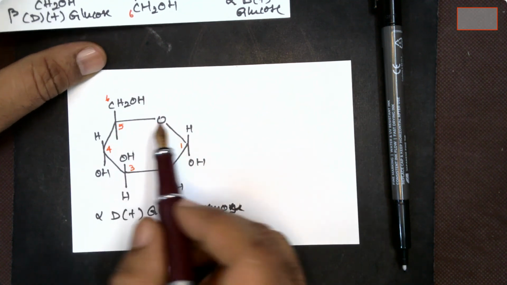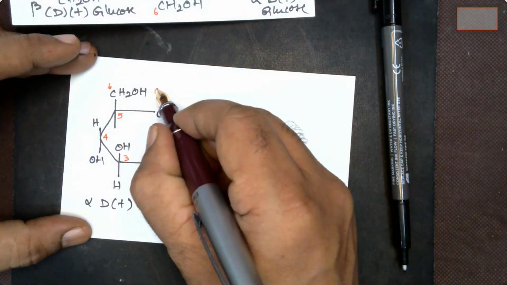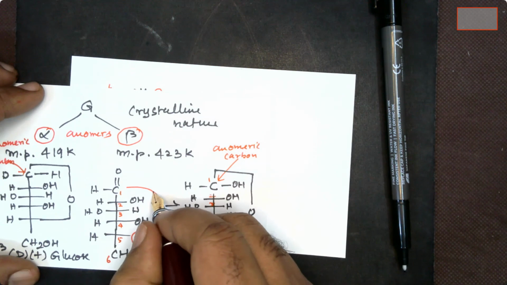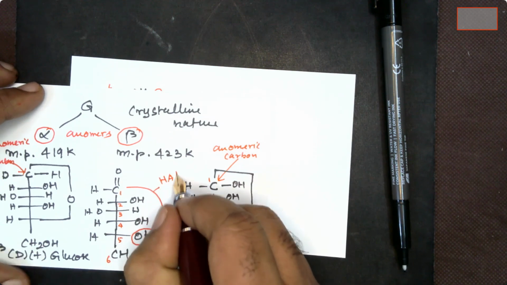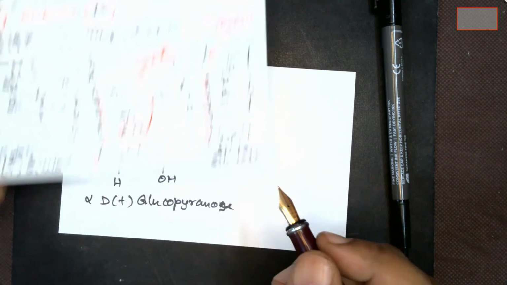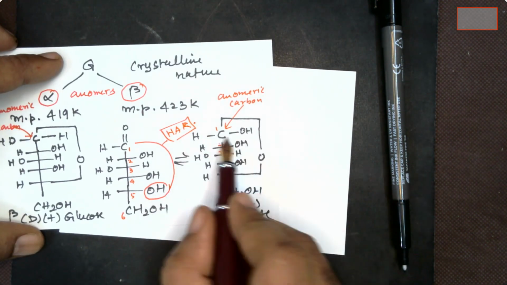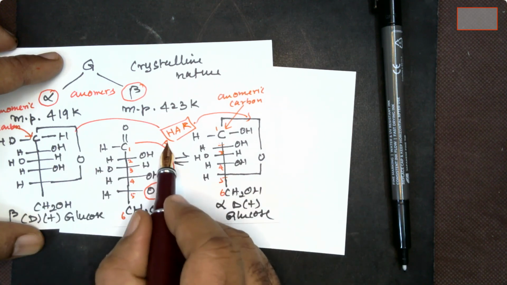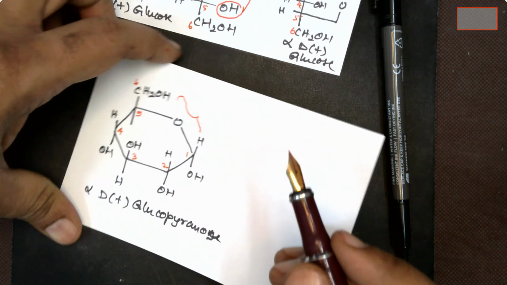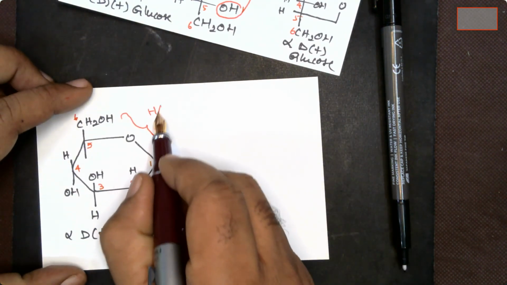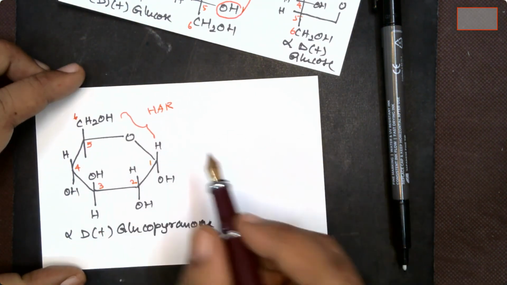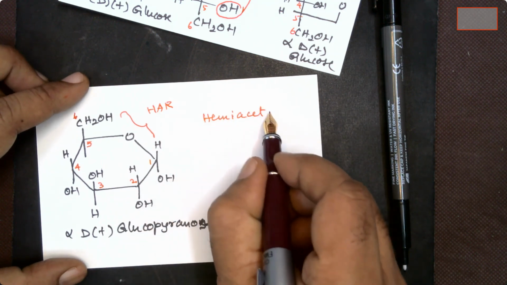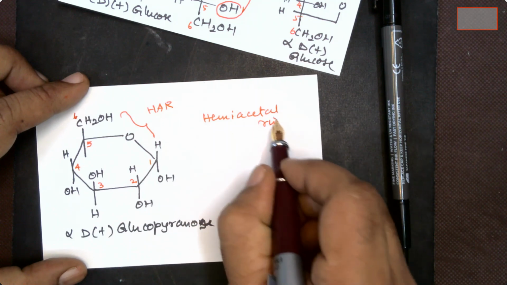So this is the hemiacetal ring. Okay. So this part, similarly that part, is called hemiacetal ring, HAR. Okay. So this one, and similarly this one. So here this is the hemiacetal ring, hemiacetal cyclic structure or ring you can put.